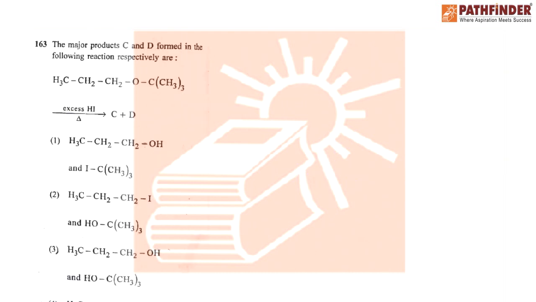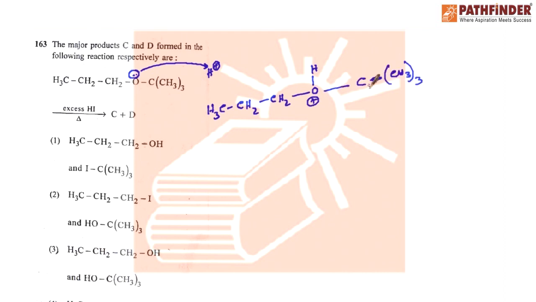Question number 163. The major products C and D formed. Okay, fine. Here oxygen has a lone pair, with excess HI. So obviously H plus will protonate in the first step. So ultimately CH3CH2CH2OH with oxygen bearing a positive charge, and this will be C(CH3)3.